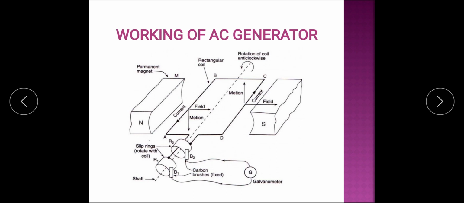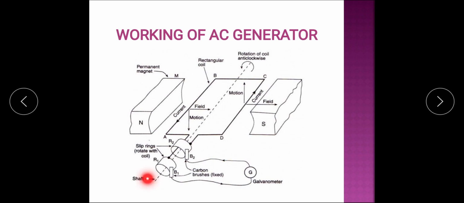Now let's see how an AC generator works. As you can see in the figure, the coil ABCD is kept in the magnetic field of two magnets, and arm AB is attached to ring R1 and arm CD is attached to ring R2.